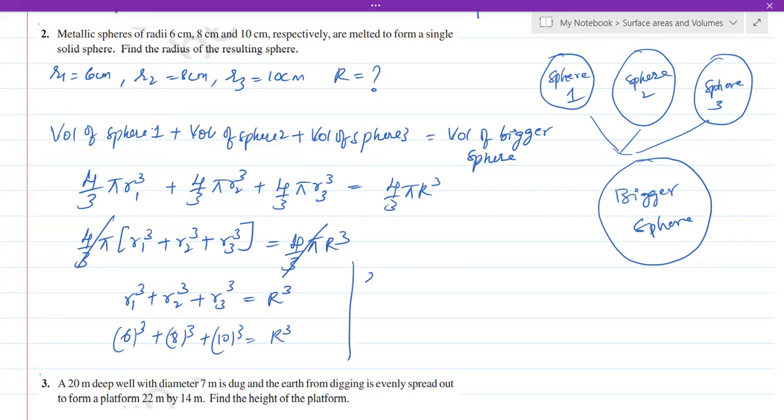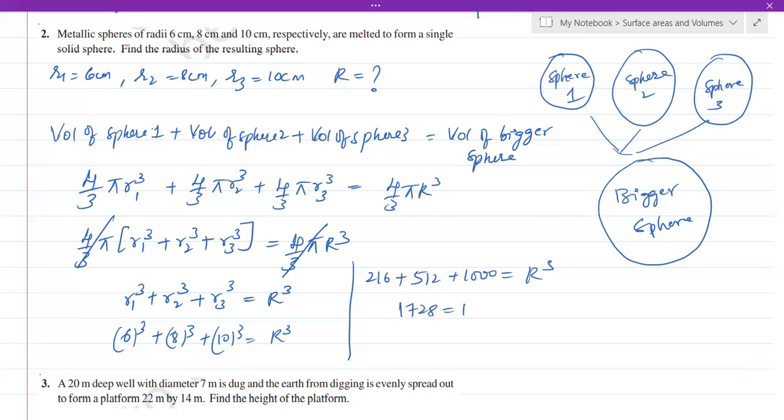Now 6 cube is 216, 8 cube is 512, and 10 cube is 1000. That will be equal to capital R cube. So 216 plus 512 will be 728, plus 1000 is 1728.